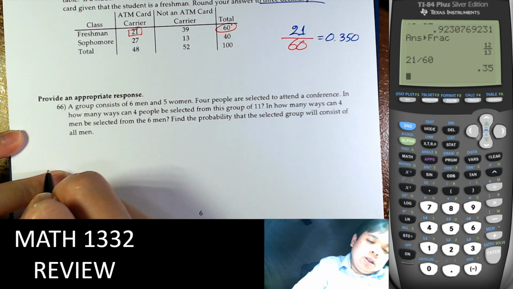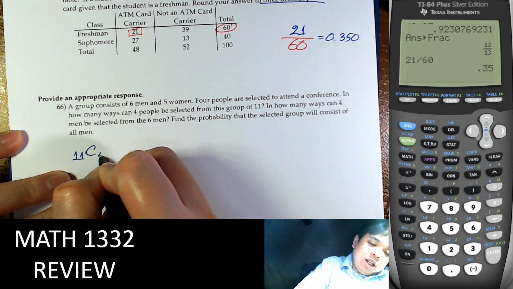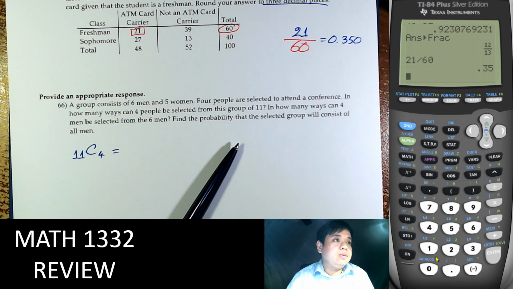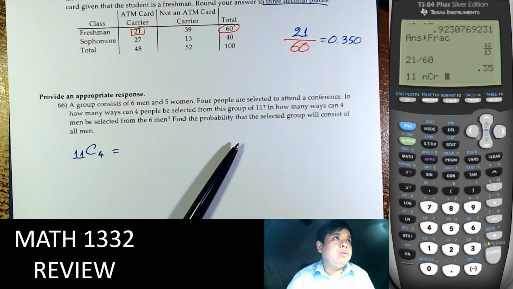The group has 11 people, and we select 4. Right, that's 330.